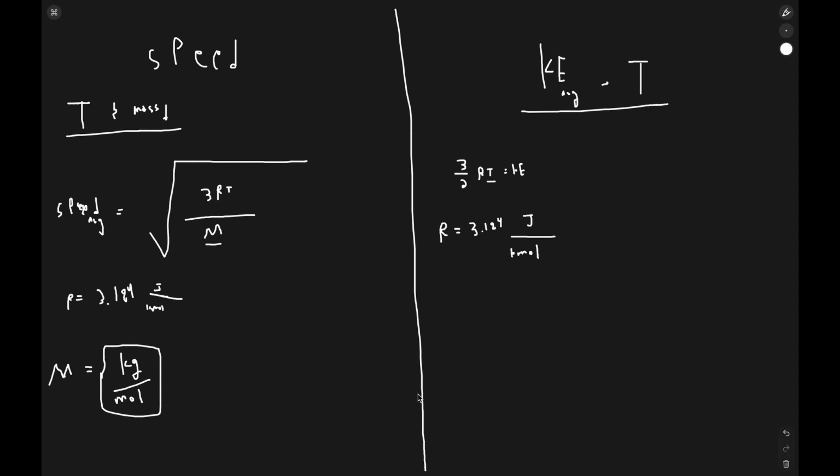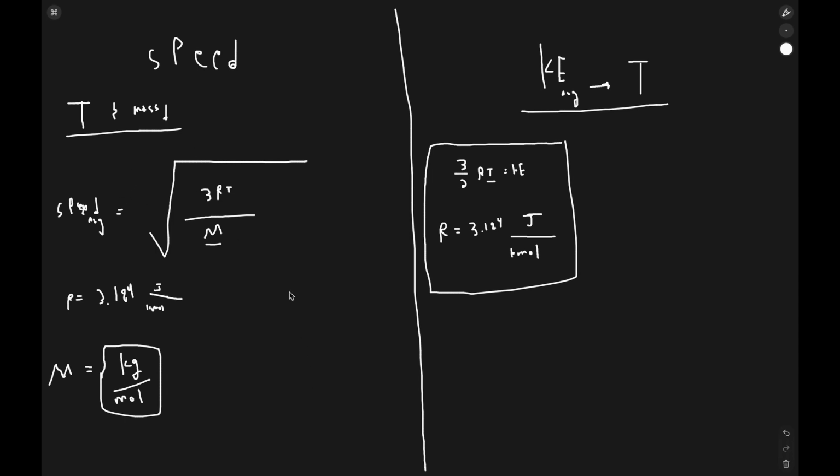So yeah, just keep in mind that average kinetic energy is associated with temperature. All gases, no matter how heavy or how light, how big or small they are, at the same temperature, they all have the same kinetic energy. And speed is associated with temperature and mass.